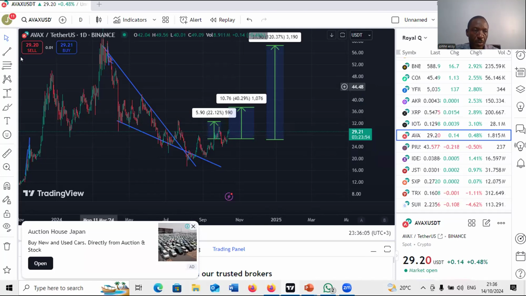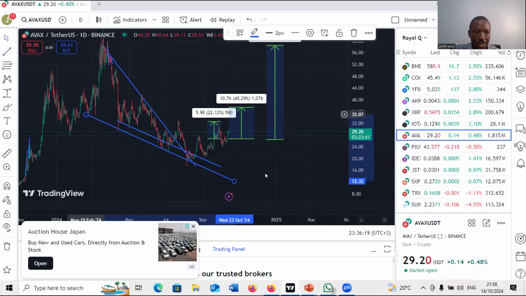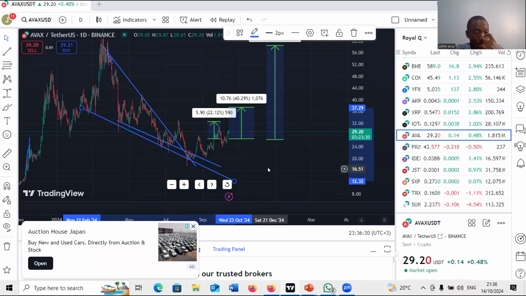There is also someone who may start from this point here and move all the way to this side. I will remove one of them. So the question is, what we have been told, it has to go through as many points as possible. Once it does that, that will be your trend line.